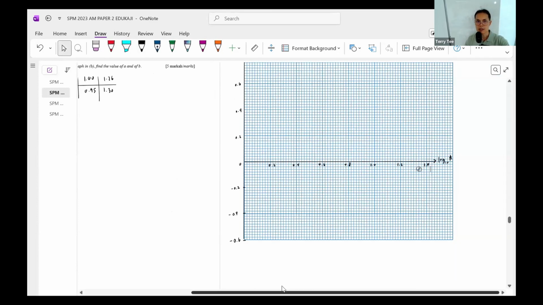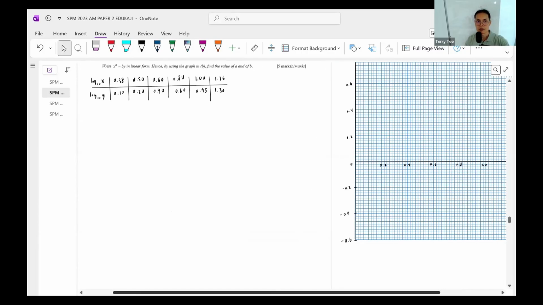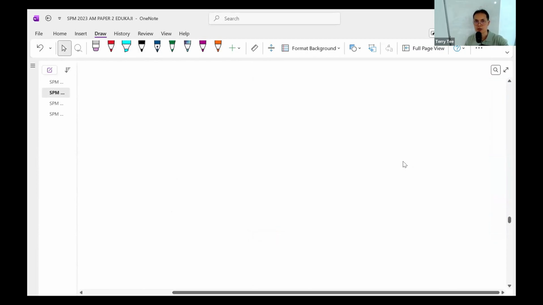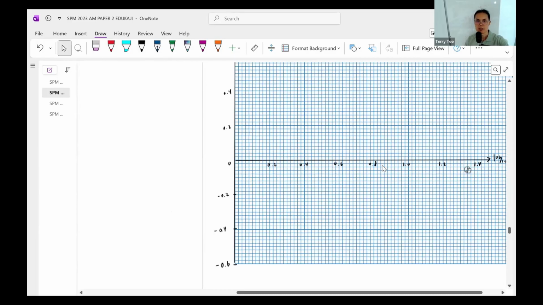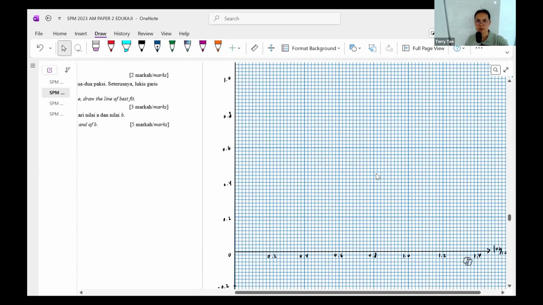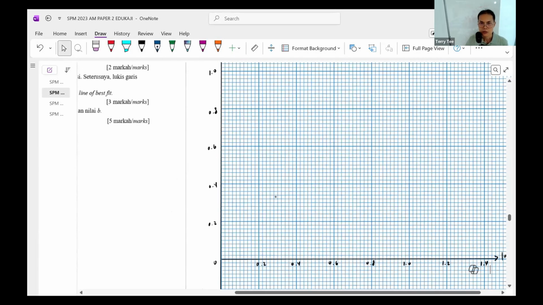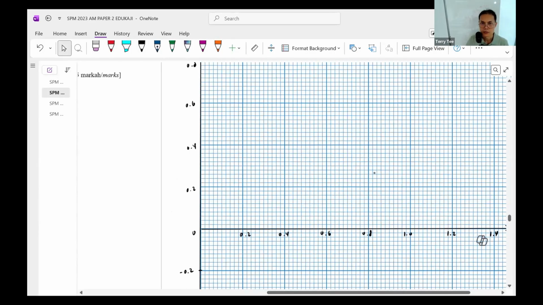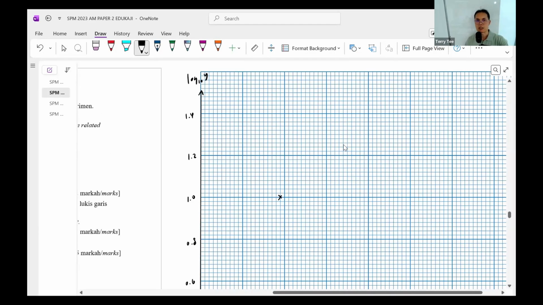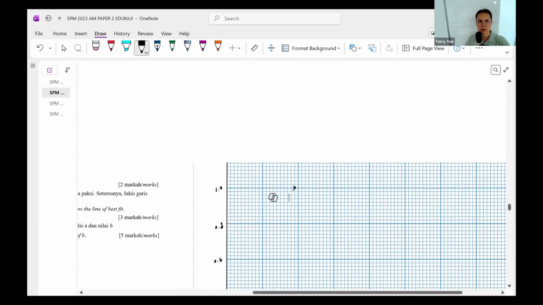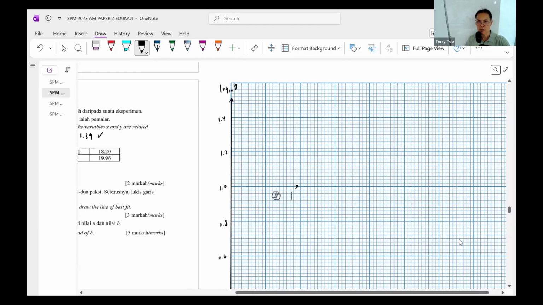The first one is 0.38 to 1.0, 0.38 and 1.0. Should be here. Wow, can I see wrongly? My gradient is positive or negative? Positive, right?